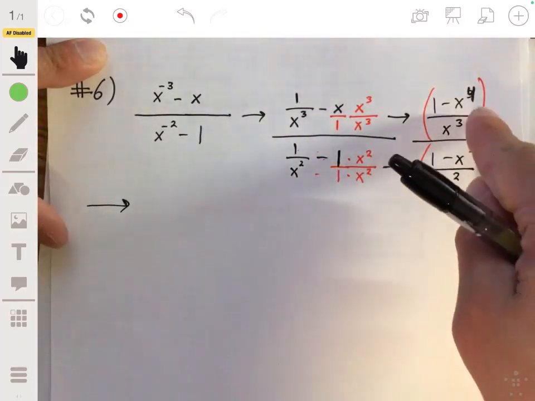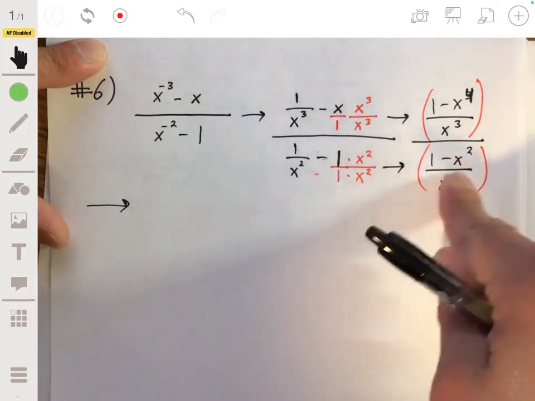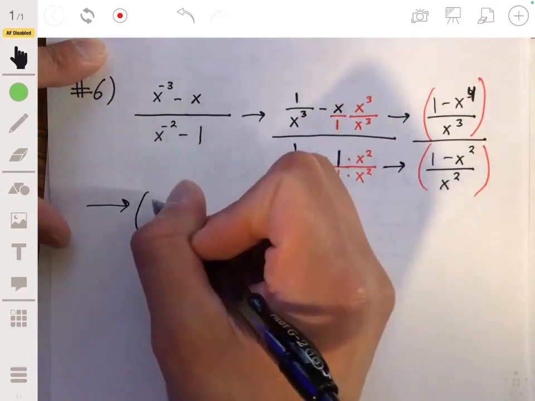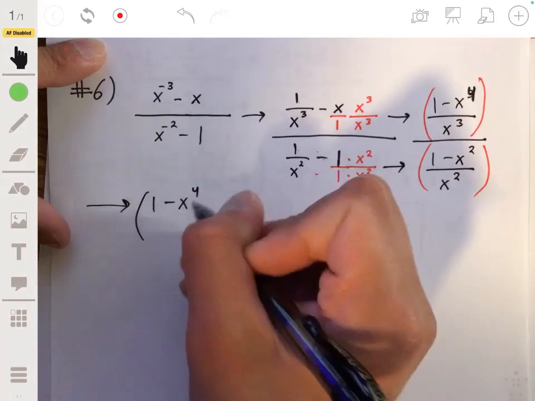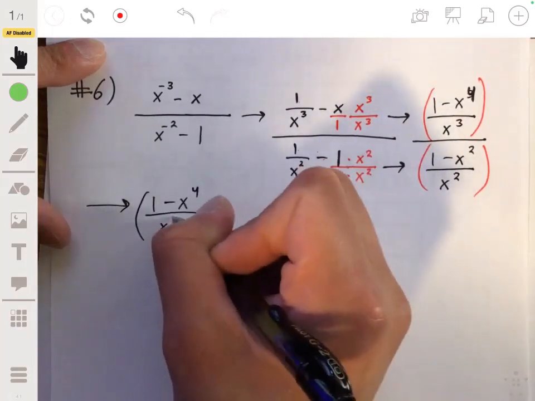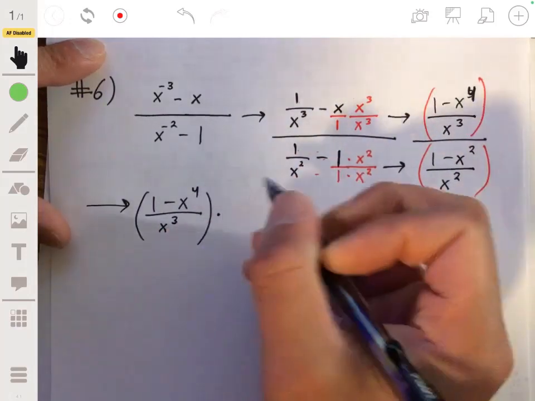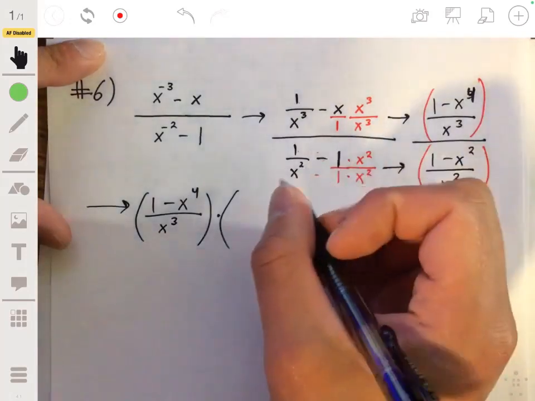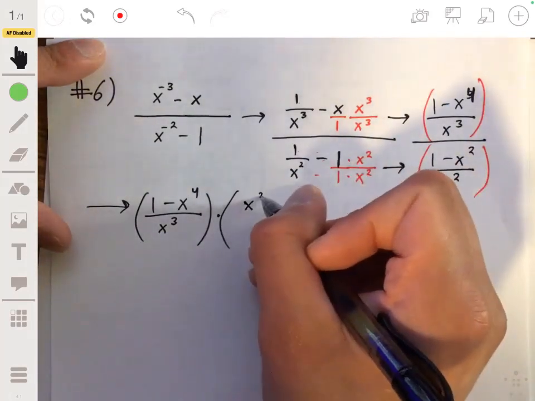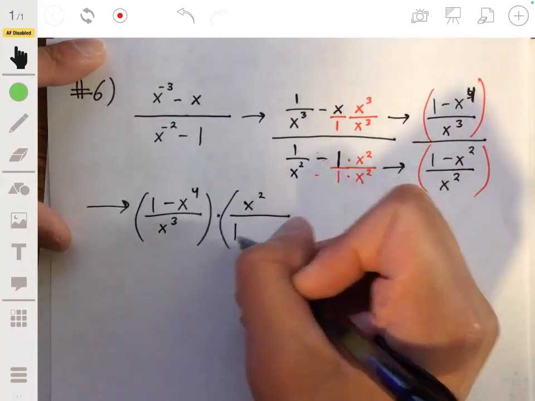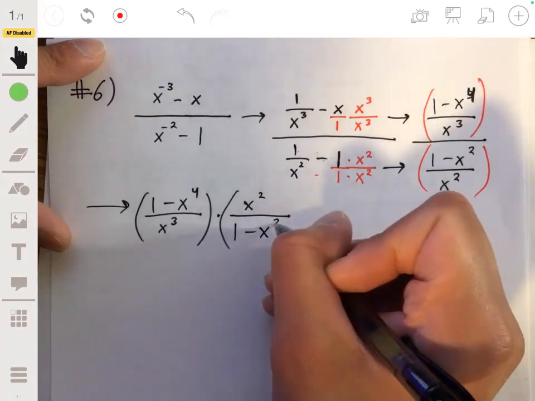Then multiplied by the reciprocal of the denominator. So we're going to get 1 minus x to the fourth over x cubed times x squared over a 1 minus x squared.